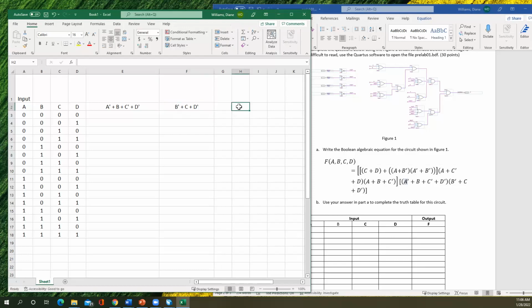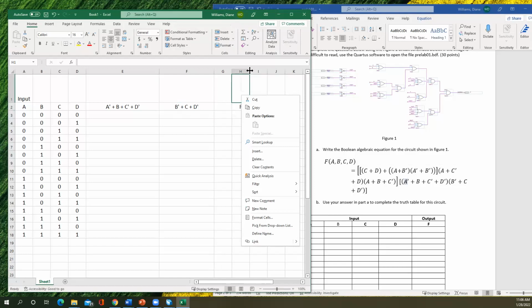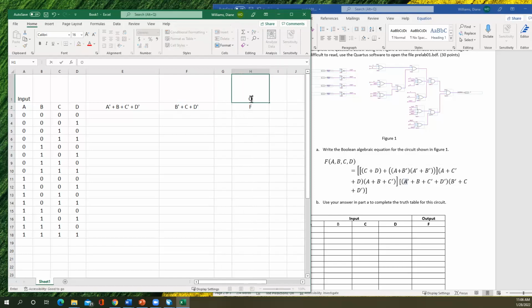We're trying to get our output F, come up with our zeros and ones, using some sort of intermediate terms.